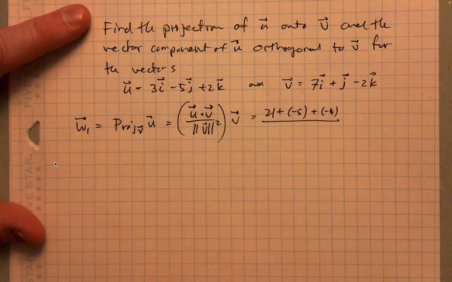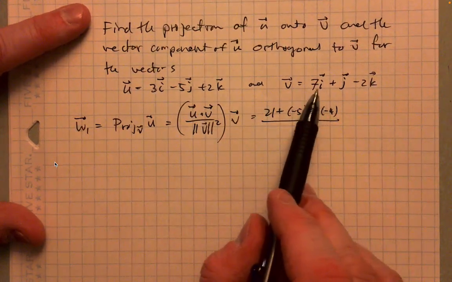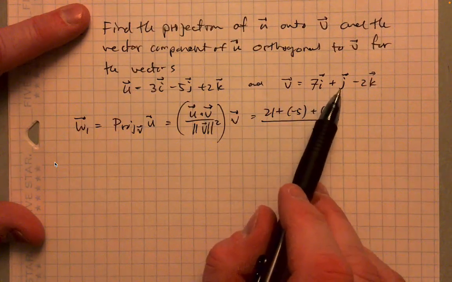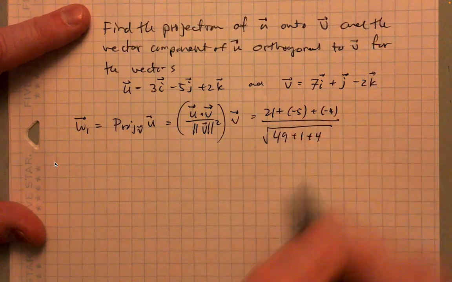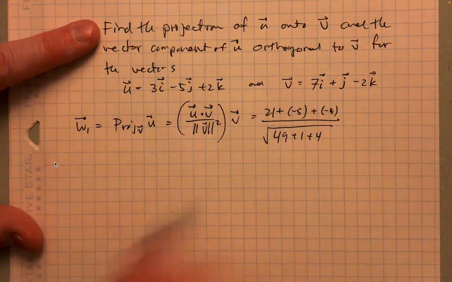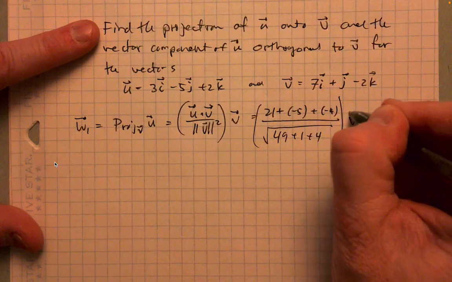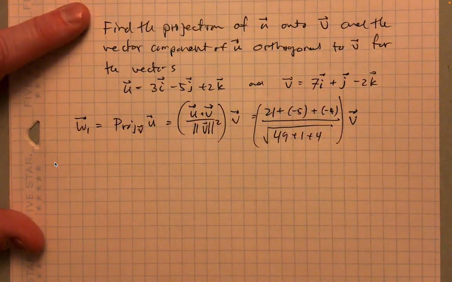And what's the norm of v? Well, that's going to be 49 plus 1 plus 4, square root of that. And then that scalar needs to be multiplied. This is the scalar multiplication with v.